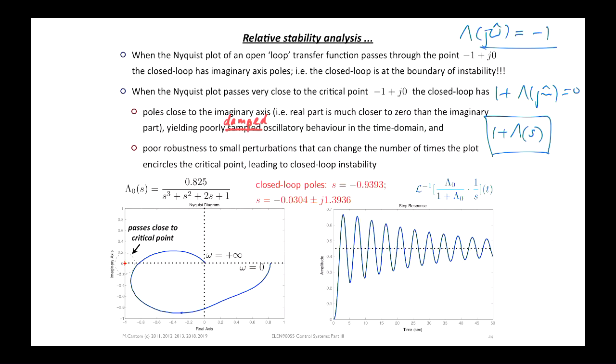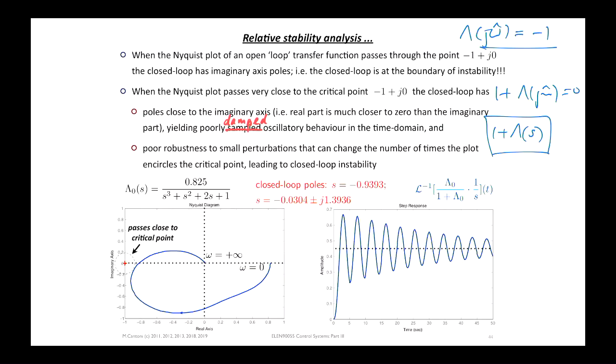Now, if I'm just very close to the critical point, then what have I done? I've scaled things back a little bit, and the closed loop poles vary continuously. So if I've only done it a little bit, so that I'm still close to -1, I'm going to get closed loop poles that are closer to the imaginary axis, so smaller real part than imaginary part. Okay, and we know that if we kicked a system like that, it'll have lots of oscillations.